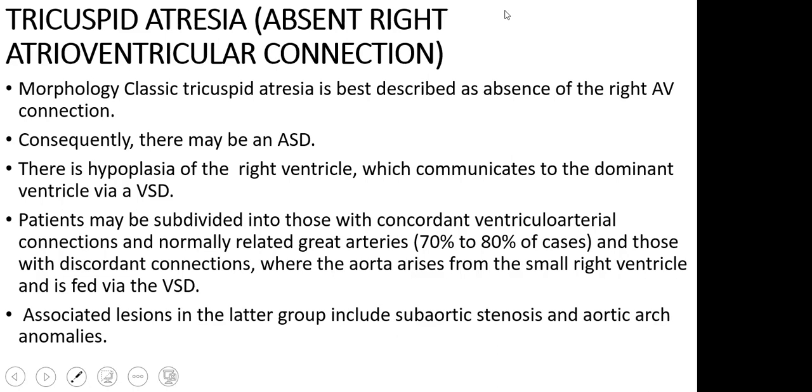So in tricuspid atresia, the right chambers of the heart become hypoplastic because the tricuspid valve doesn't allow blood to get into the right side of the heart. So due to loss of function, the right side of the heart becomes hypoplastic. That's basically what happens in a patient with tricuspid atresia.